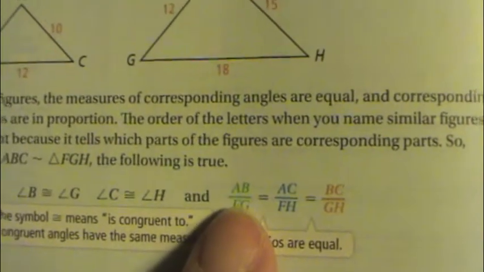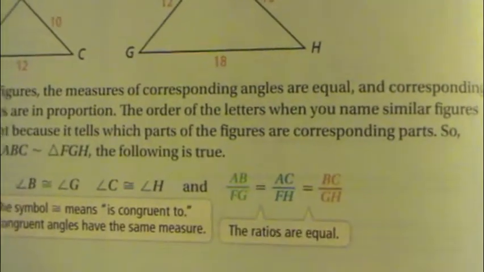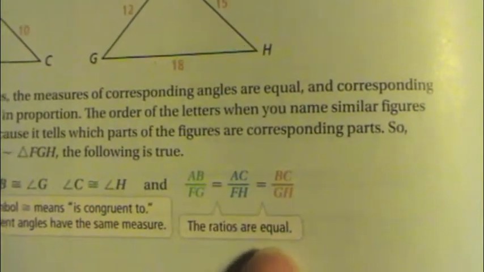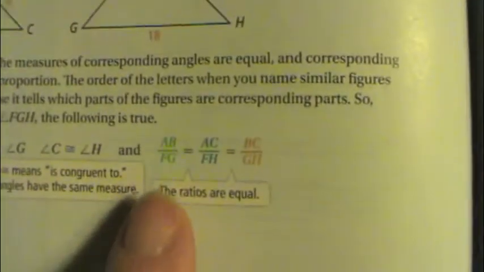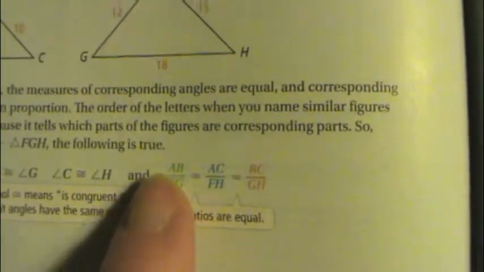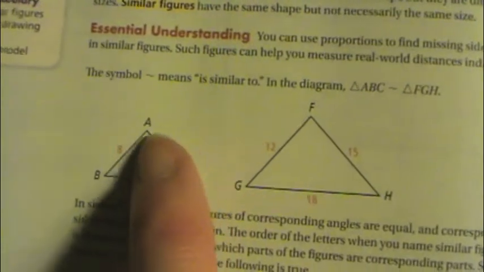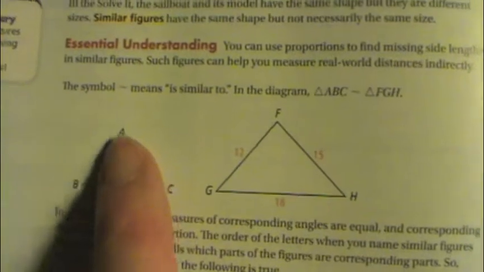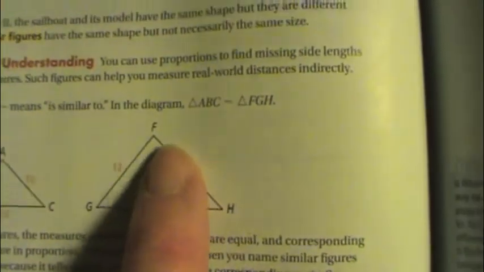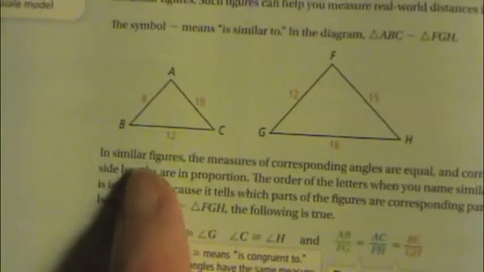Also, like I was saying earlier, the ratios of the sides are equal. They've got AB over FG, so matching sides. A, the side on the left in this triangle, the side on the left in that triangle. That ratio is equal to AC over FH, the right side of this triangle, the right side of that triangle, and BC, it's also equal to BC over GH.